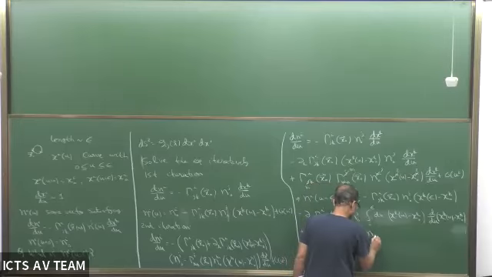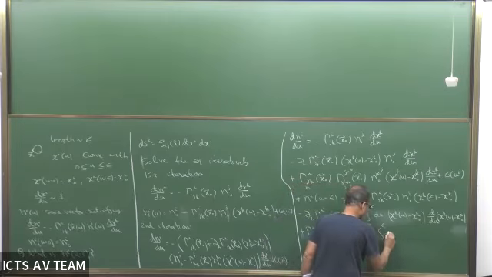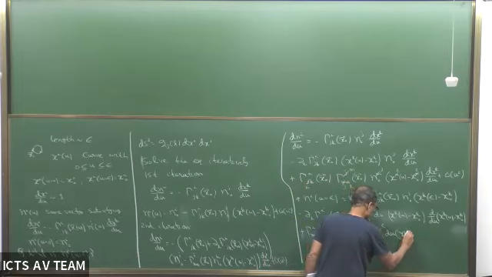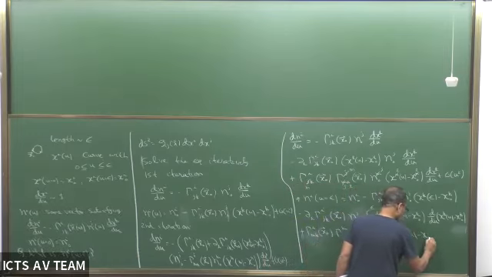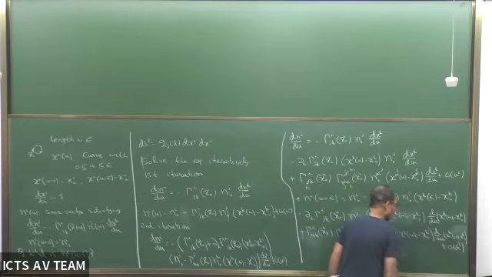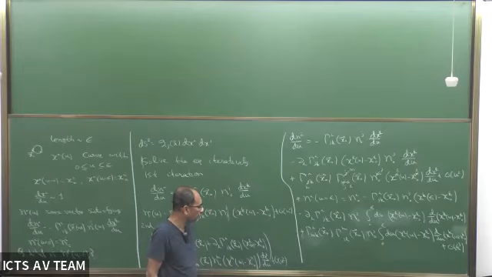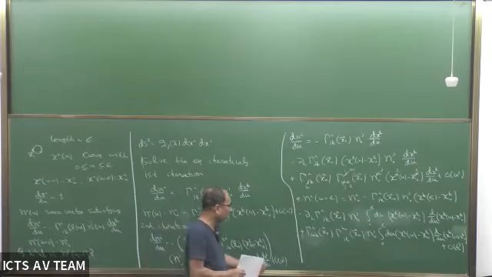So n0j, and then I have the same integral 0 to epsilon du plus order u cube, order epsilon cube. Is this clear? So these two terms I can now combine.